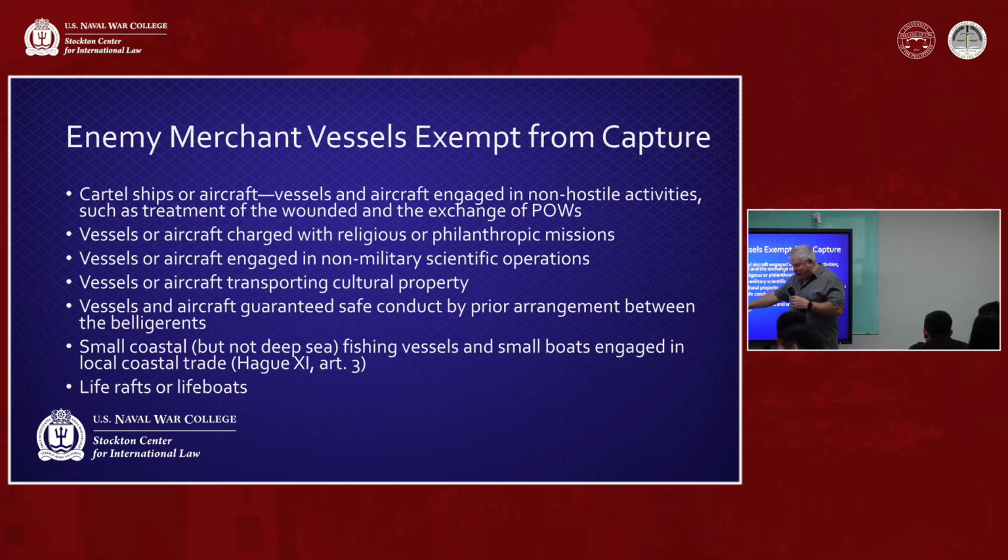Then they have a second category that are deep sea fishing vessels that engage in more commercial type fishing. And then you have a third category, which is a vessel that is devoted entirely to supporting the PLA during an armed conflict. So that third category is always going to be targetable because of its nature.